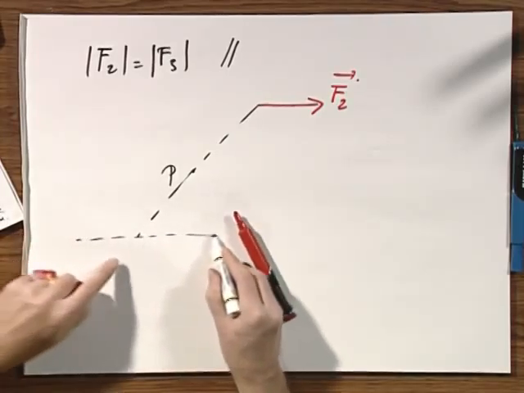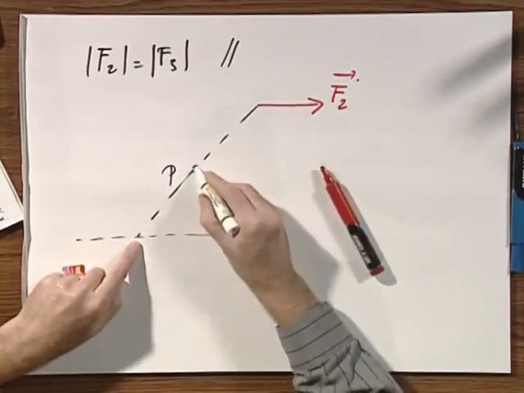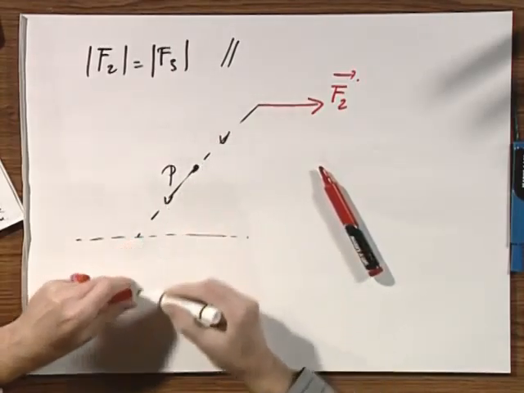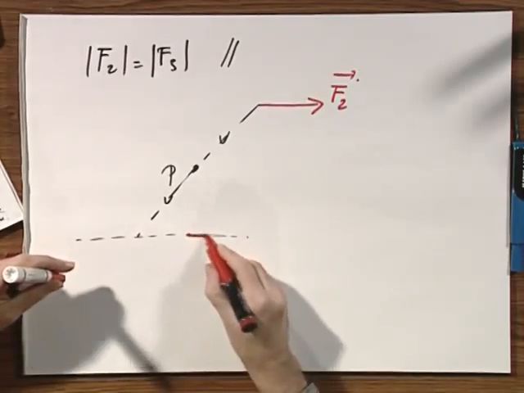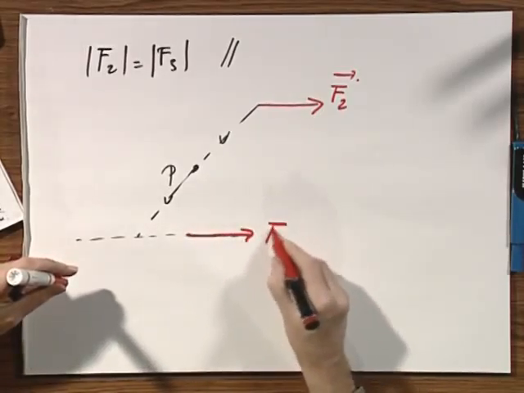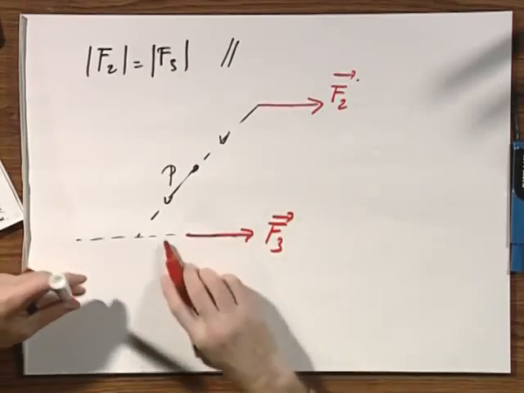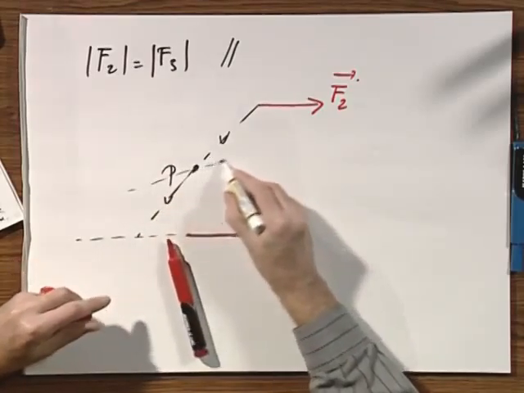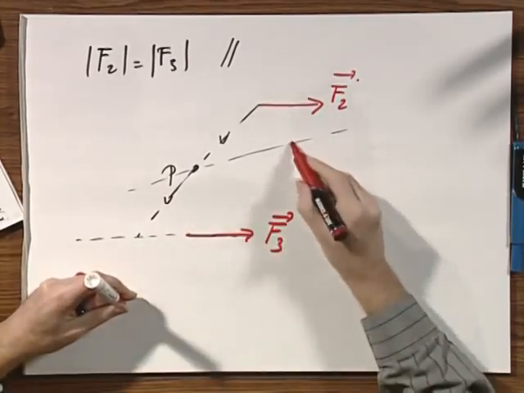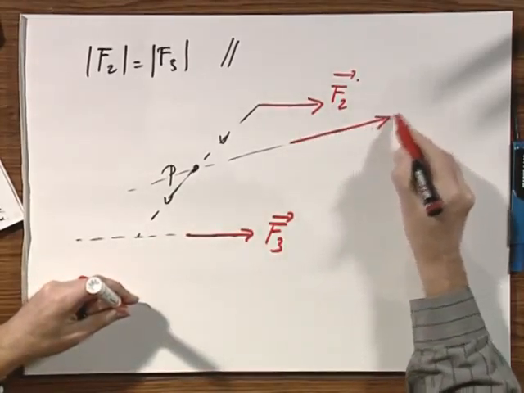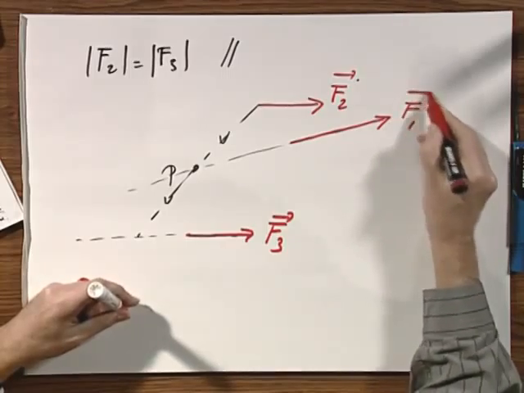It doesn't have to be exactly going through this point. By the way, this distance is the same as this distance. I could have a force here, F3, same in magnitude. And just to make it even a little bit more complicated, why don't I also have a force whereby the working line goes straight through point P.